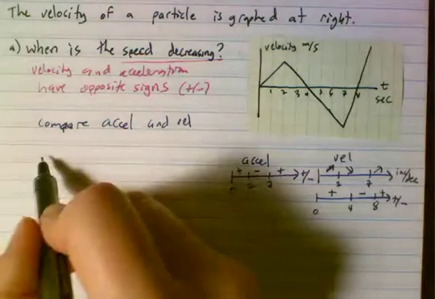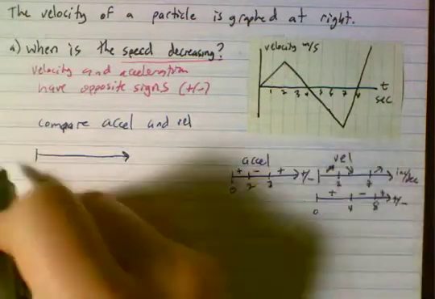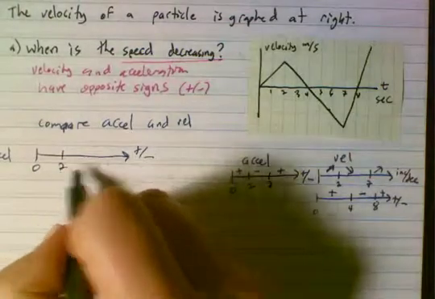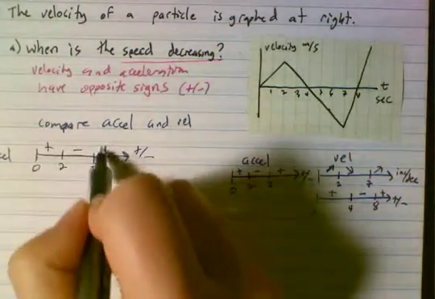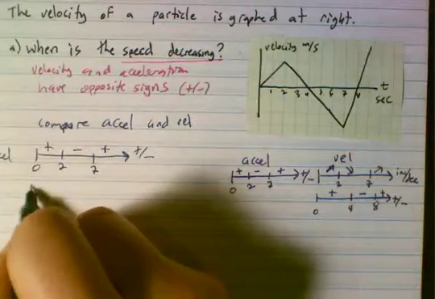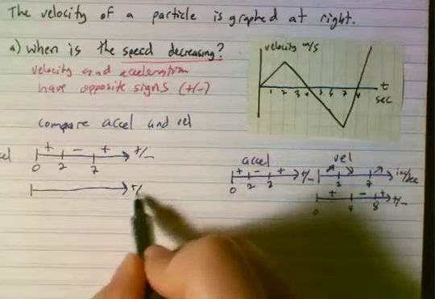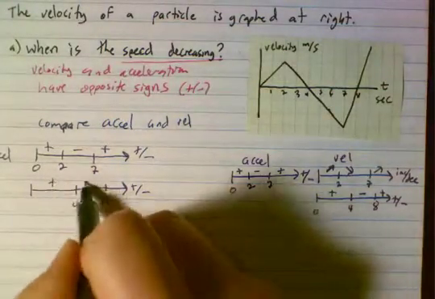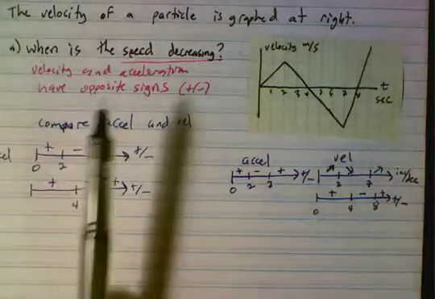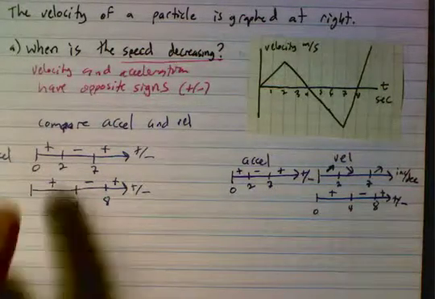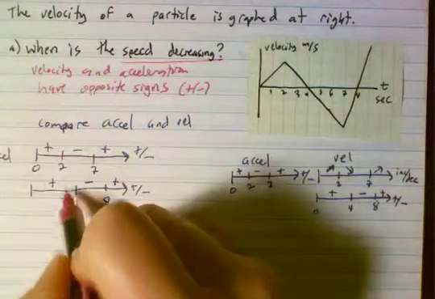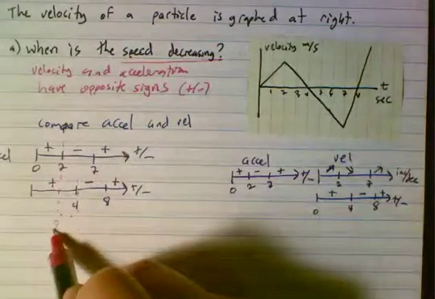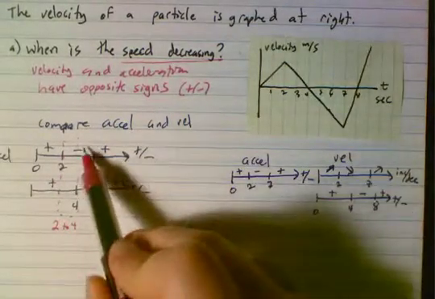So to solve, we need to compare acceleration and velocity. So here's acceleration. Here's velocity. And we are looking for opposite signs. So these are the same sign. Now this is negative and this is positive, right between 2 and 4. Negative and negative.